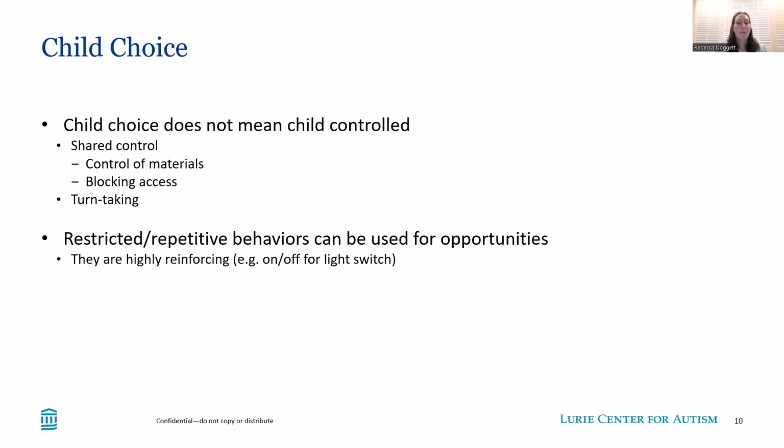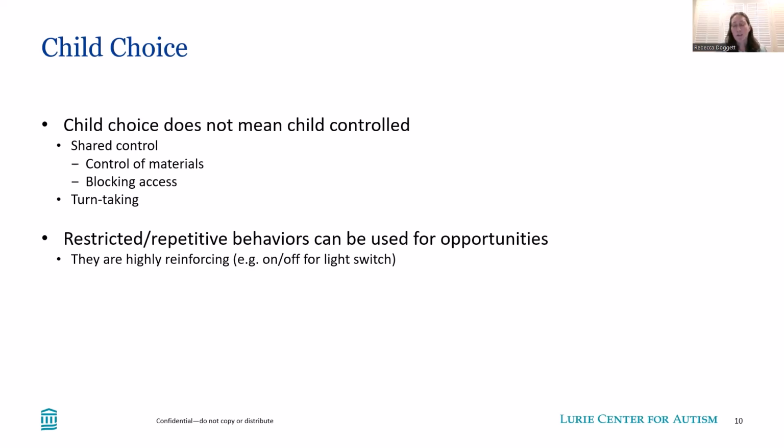So some parents always wonder, well, I can't always do what my child wants to do and follow their lead. Well, that might be the case. Yeah, there are some times it's not going to be feasible, but you can always give a choice between what is an option or what is available or what they can do. And even that act is going to help them feel more control.